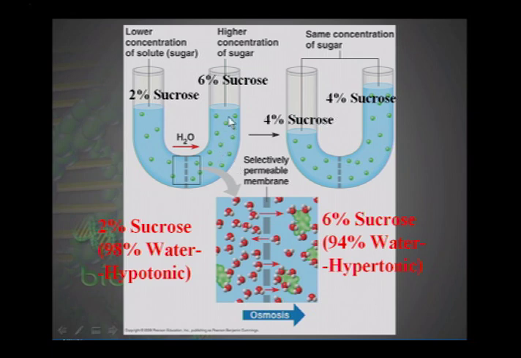And as water is added to this side, these particles become more diluted. So initially this was the hypertonic solution, less water, and the hypotonic solution, more water. Water diffused from where it was more concentrated to where it was less concentrated. But eventually, because of the change in water volume, the concentrations will be equal, osmotic pressures are equal, and we would now describe these two solutions as isotonic.